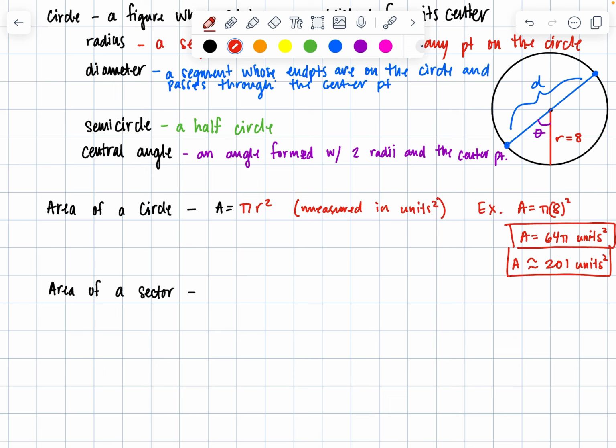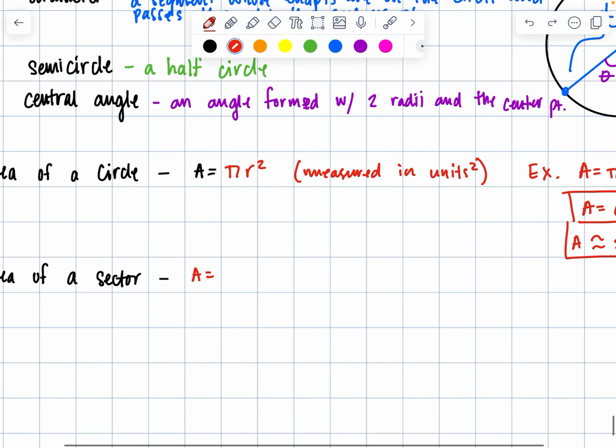Area of a sector is literally just a fraction of a circle. We know that the circle has 360 degrees all around. Since it's a fraction of the circle, it's like a pizza slice, or a slice of pie.